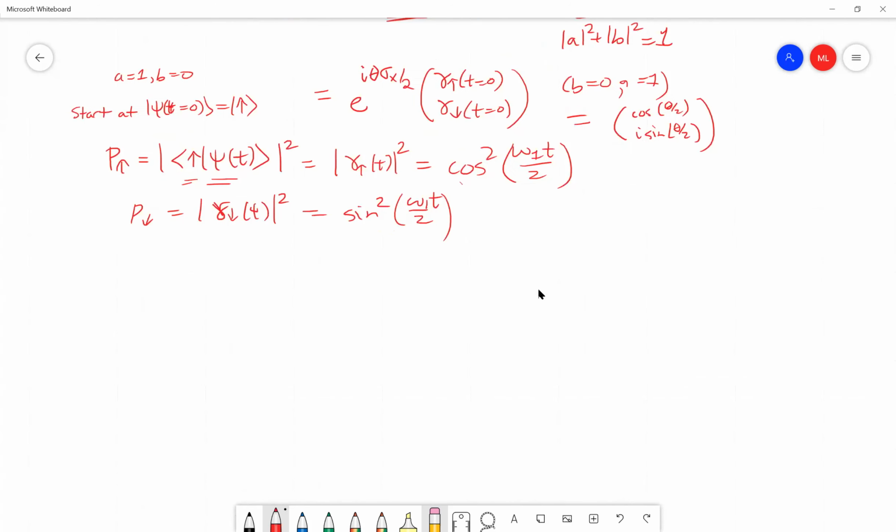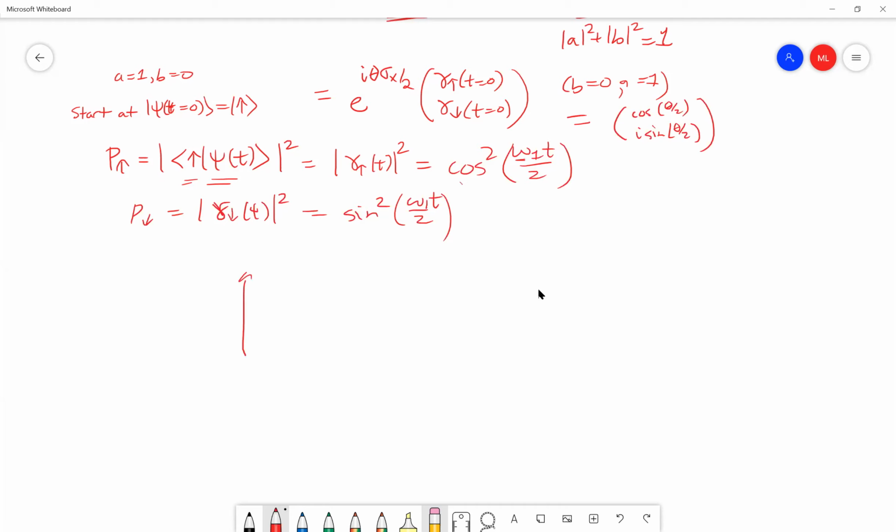Okay, what is that? And so what is this? It means that when we apply this rotating magnetic field on resonance with the Larmor frequency, we cause a flip in the spin, right? It starts with frequency omega 1, which is this Rabi frequency.